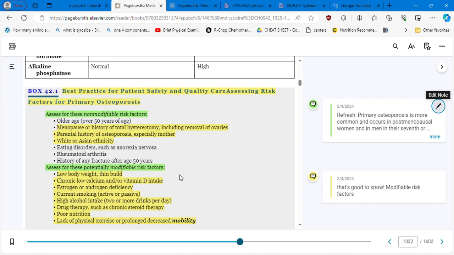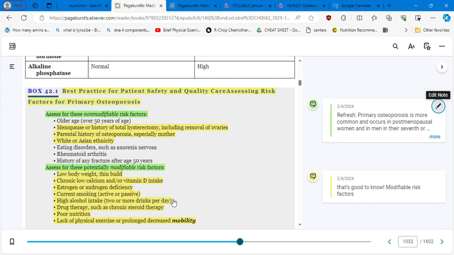Low body weight, so the patient can actually gain weight and practice sport, can increase the intake of calcium and vitamin D. Probably they can take some estrogen, stop smoking. It's not reduce smoking, it's stop smoking, okay? Either active or passive.